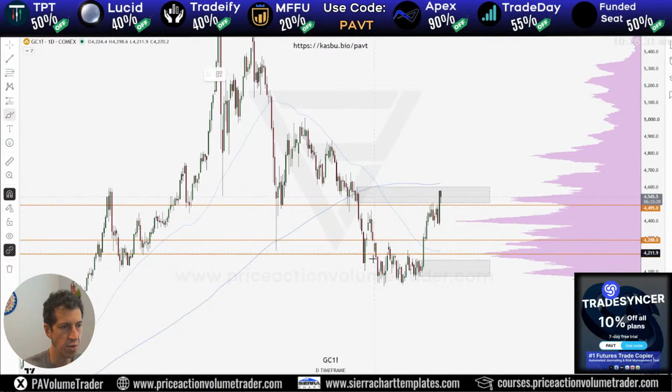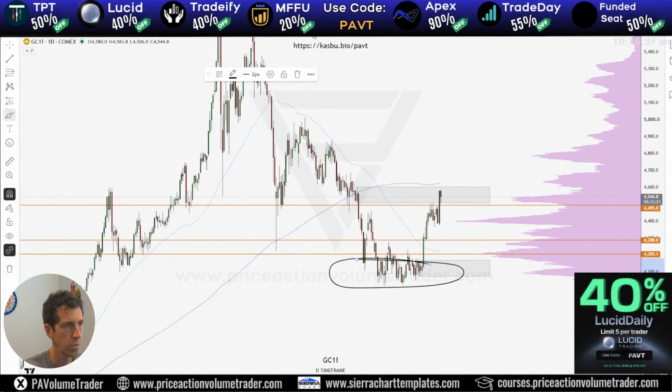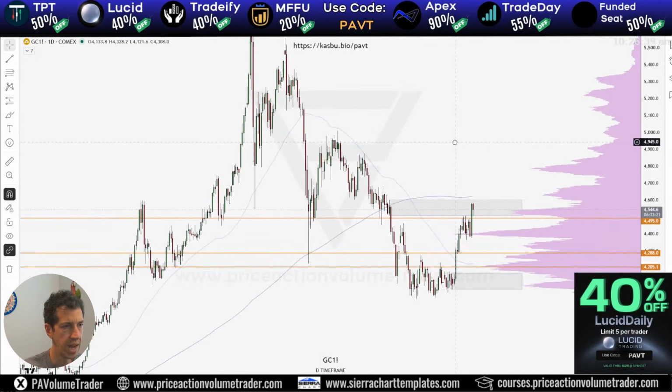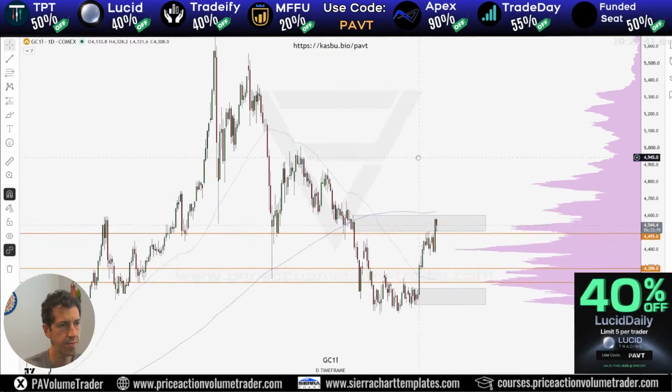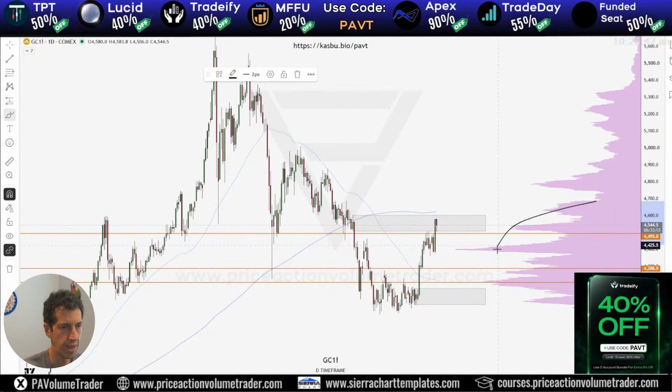And I think this was a very nice accumulation area. Now, I think probably what we need is to break out from this entire zone. I think this is a very significant level.